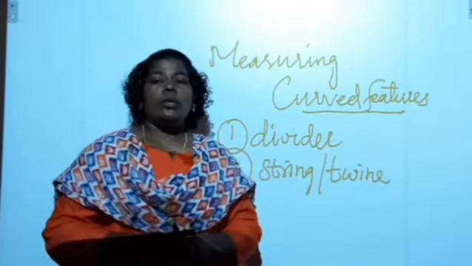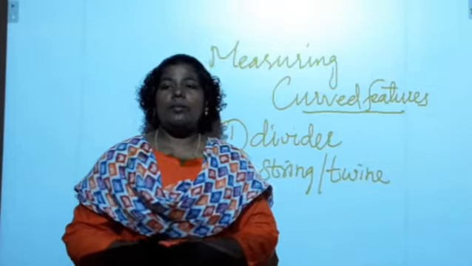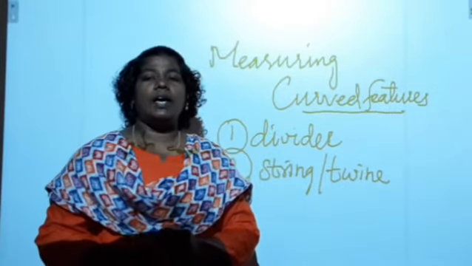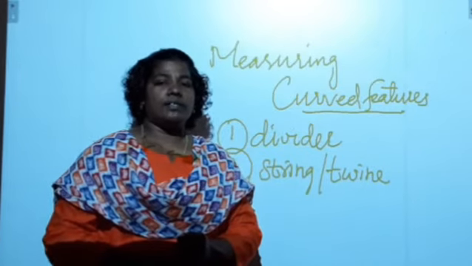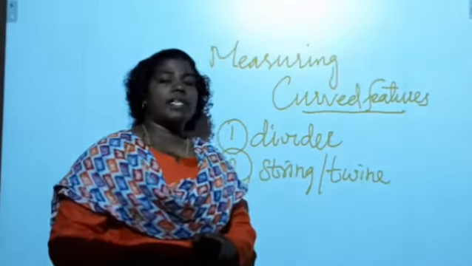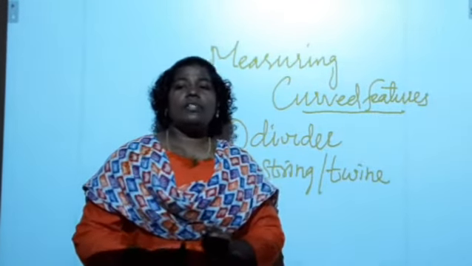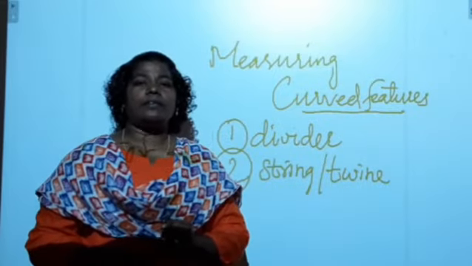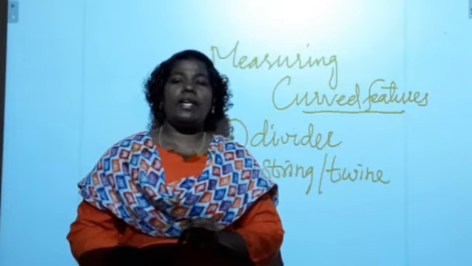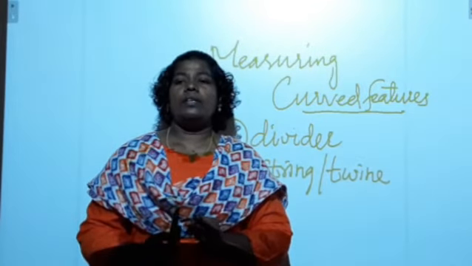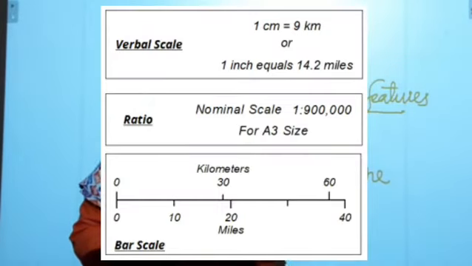So in this class you have learned about 3 types of scale and 2 methods of measuring distances. What are the 3 types of scales you have seen? Verbal scale or statement, graphic or linear scale, and representative fraction.